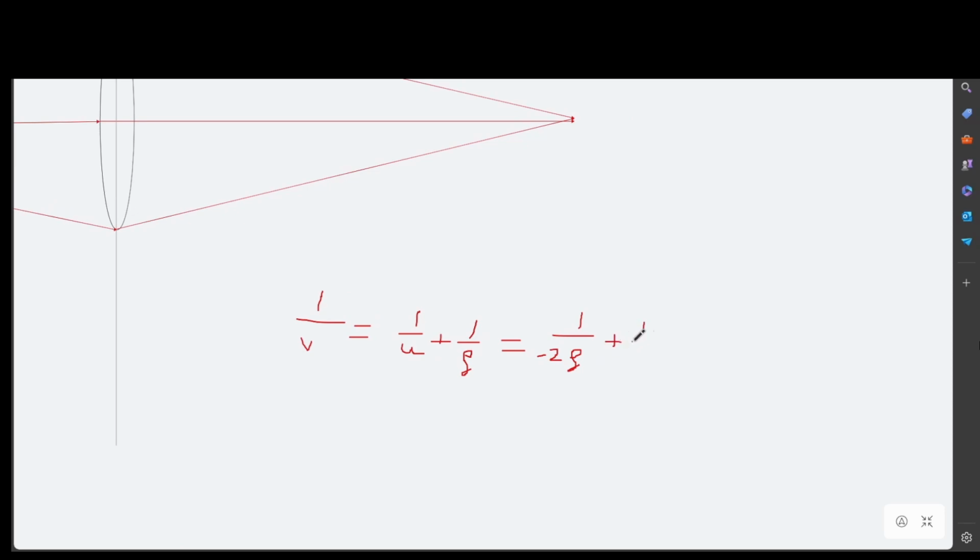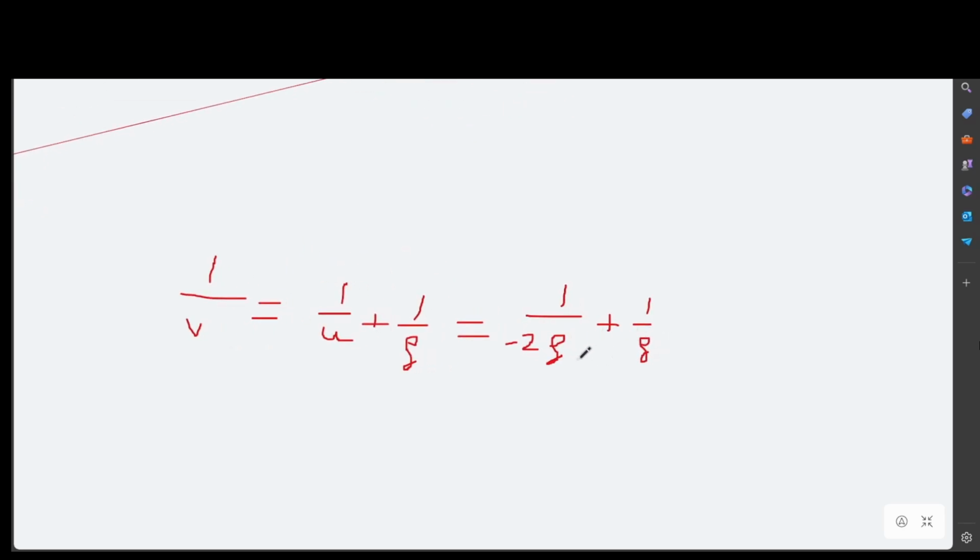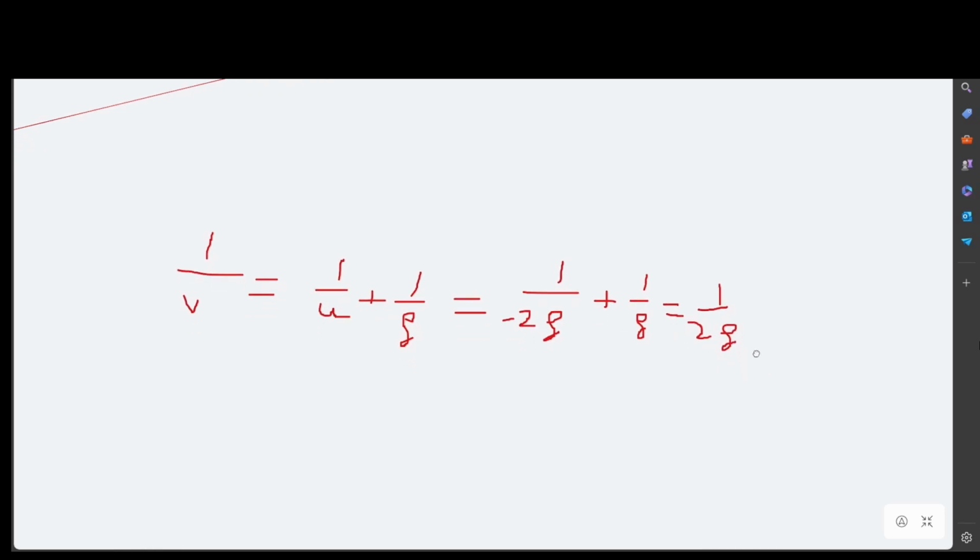plus 1 over f. Now if we just find a common denominator, this is going to become 2 over 2f, so you've got 2 over 2f minus 1 over 2f, which is 1 over 2f.